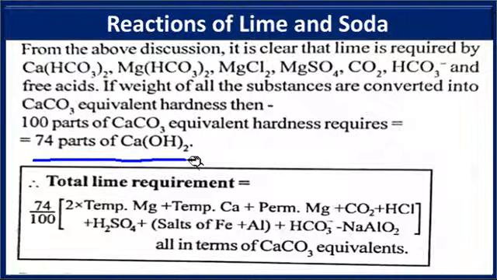What we are doing here is putting the molecular weight of 1 mole of calcium carbonate and calcium hydroxide. The molecular weight of 1 mole of calcium carbonate is 100 and calcium hydroxide is 74. So 100 parts of CaCO3 equivalent hardness is equal to 74 parts of calcium hydroxide.